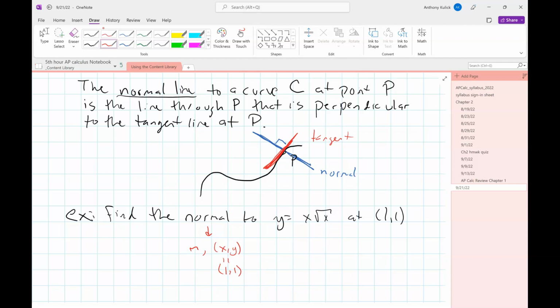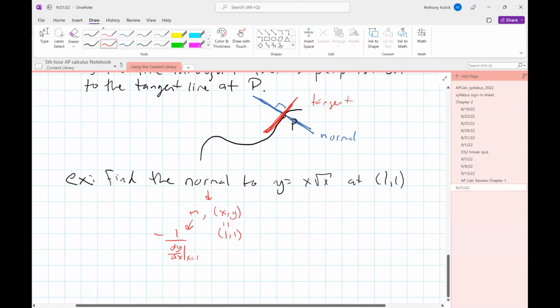Okay? So I'm going to need negative 1 over dy dx at x equals 1. Everybody's cool with that? That's just me writing some notation about how I'm going to do these things.